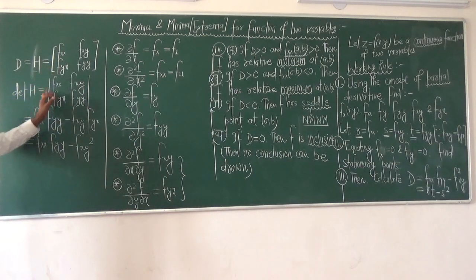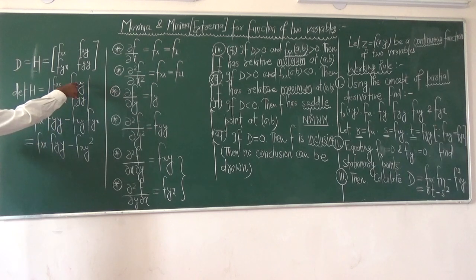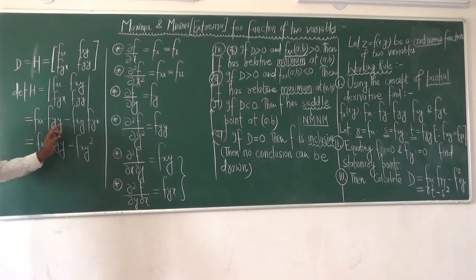Then it turns into determinant form. It is a 2 by 2 determinant. We can solve it easily by using the product of leading diagonal elements minus the product of secondary diagonal elements.